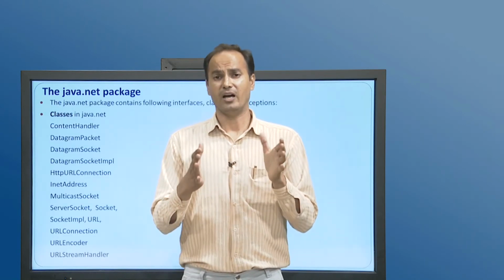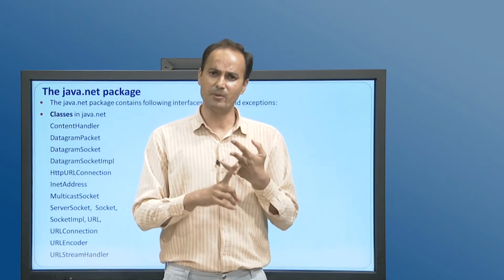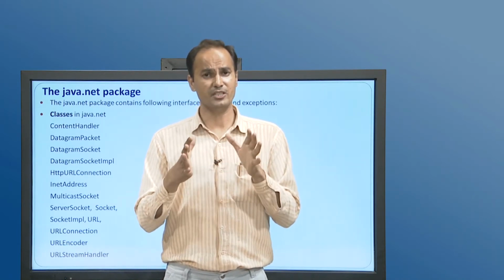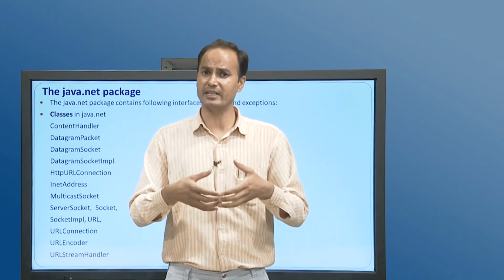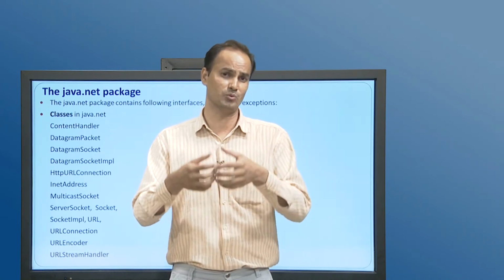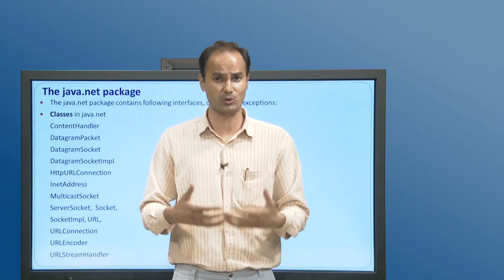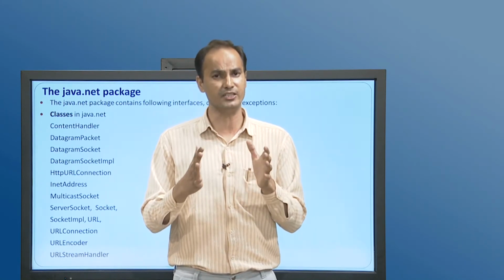Now, after understanding the TCP and UDP concepts, it is very important to know how we build socket programming, that is, how we create a TCP socket program and a UDP socket program in Java. To develop a Java program using TCP and UDP, we need a package called java.net.